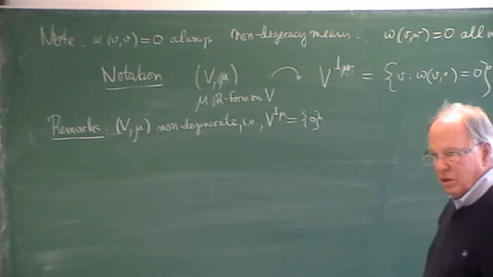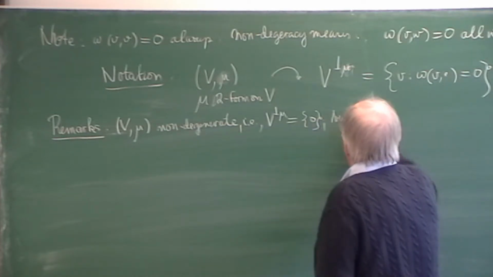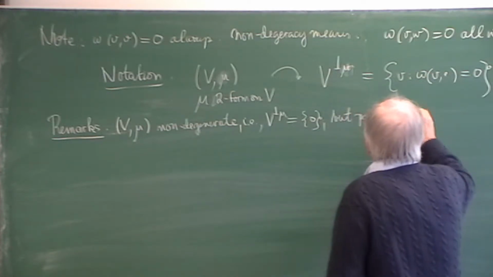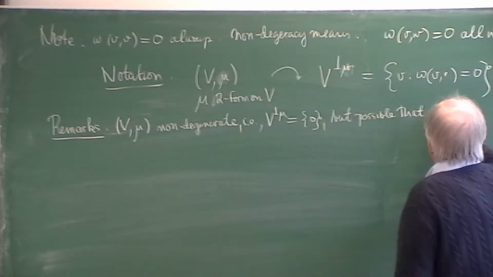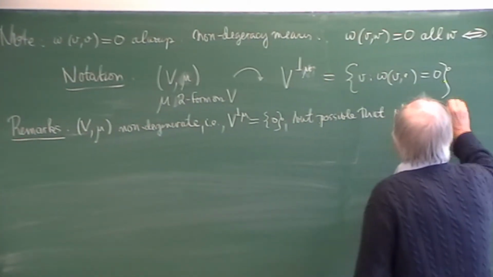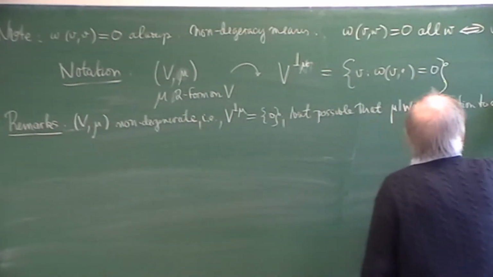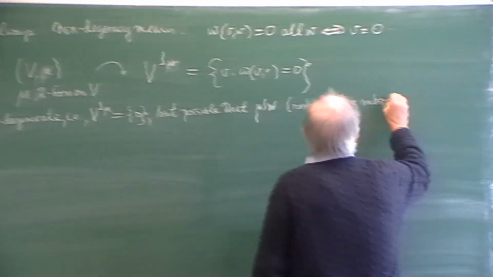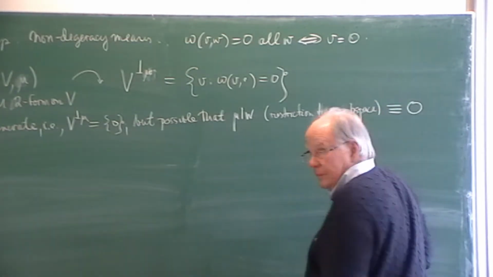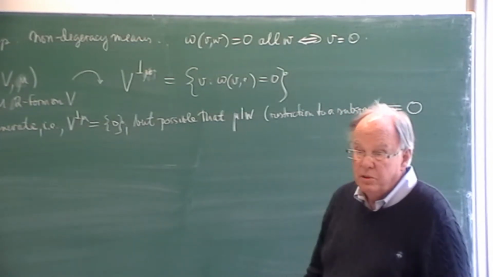But it's very possible that the restriction to a subspace vanishes. It's very possible you restrict an alternating form to a subspace, and it can vanish completely.